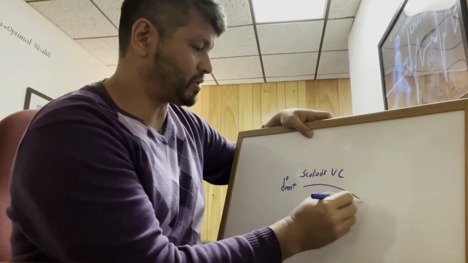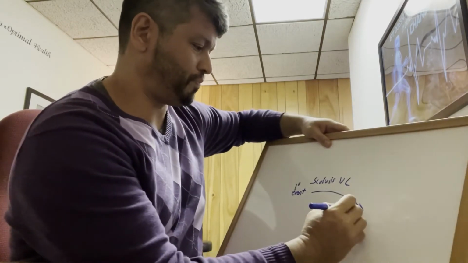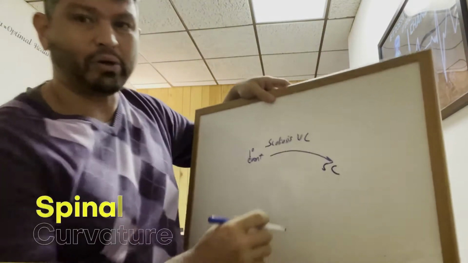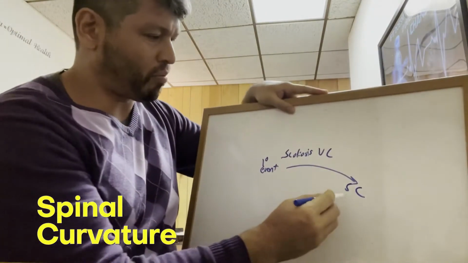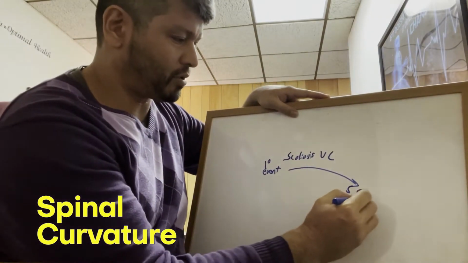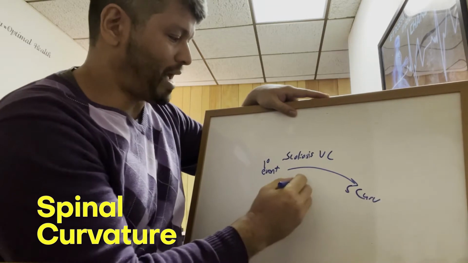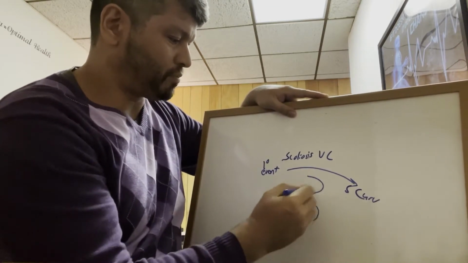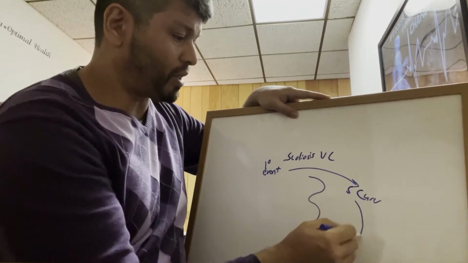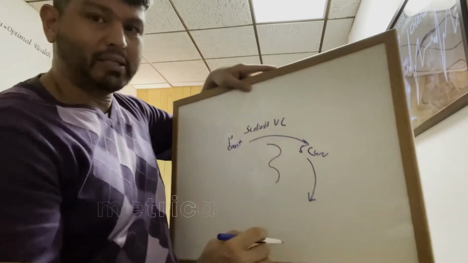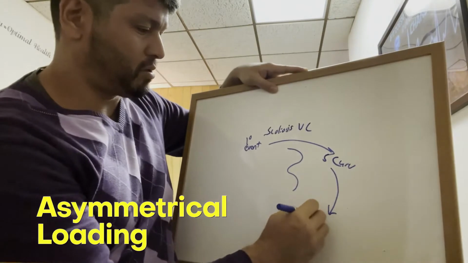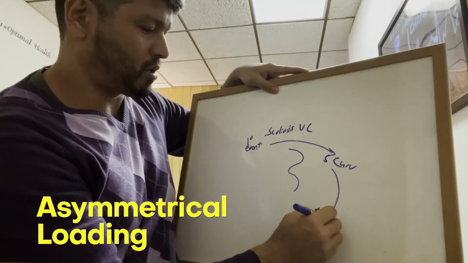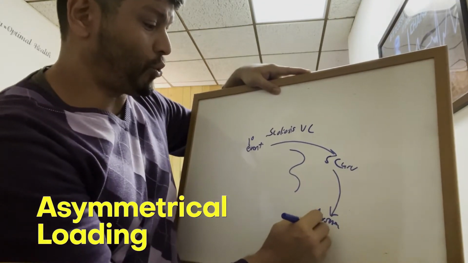And what happens is this is going to cause more spinal curvature, SC. And with the spinal curvature, I'll just put on curve. When we have more of a spinal curvature, my bad scoliosis drawing, that causes what is called asymmetrical loading.